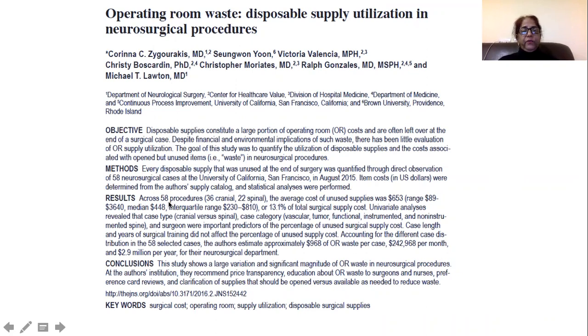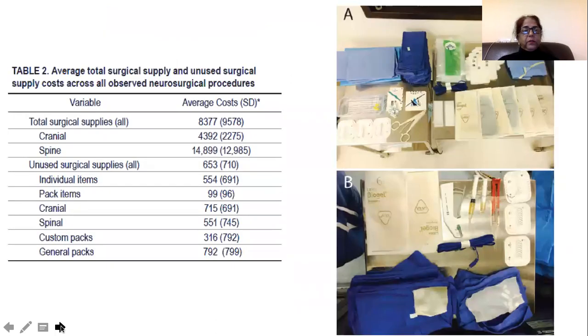Among 58 procedures, the average cost of unused supplies was approximately $653, or 13% of the total surgical supply cost. So this figure shows that the total surgical supplies average cost was $8,377, and unused supplies, that is, once they are opened and not used, constituted the wastage of $653.